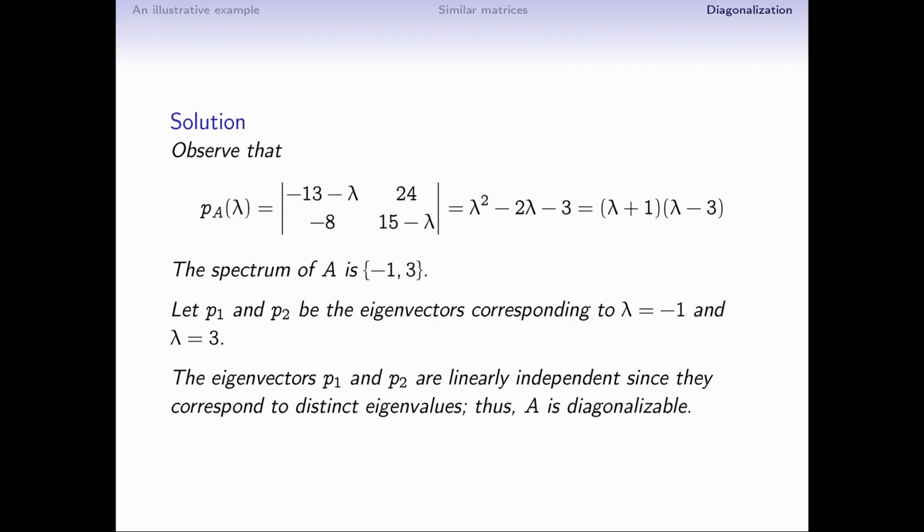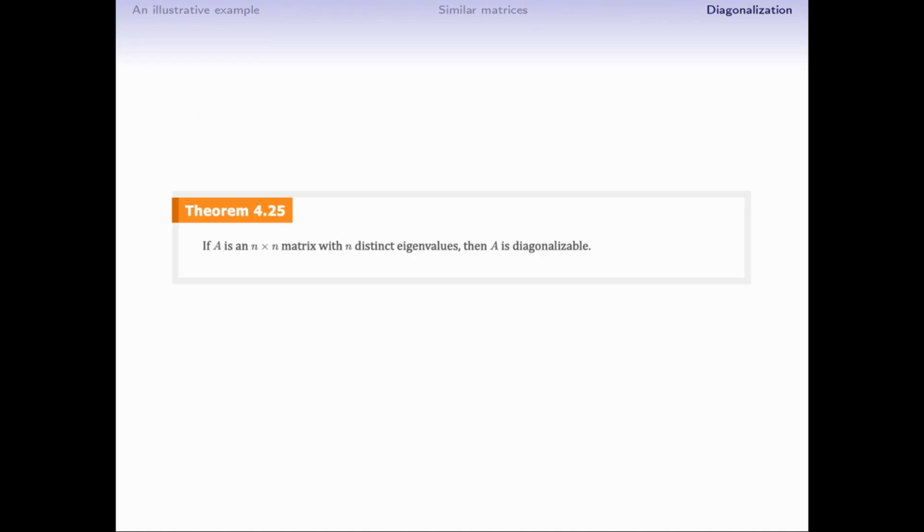And likewise, if A were a 4x4 matrix or a 5x5 matrix, as long as the number of distinct eigenvalues is equal to the number of rows or the number of columns of the matrix, we know that that matrix will be diagonalizable. And this is enshrined in theorem 4.25. This theorem says that if A is an n by n matrix with n distinct eigenvalues, then A is diagonalizable.